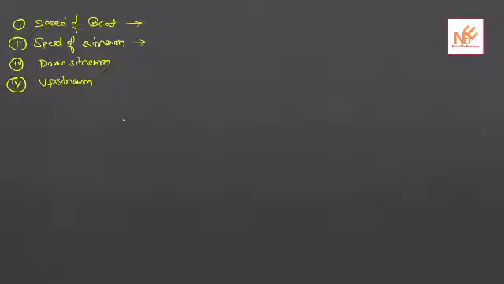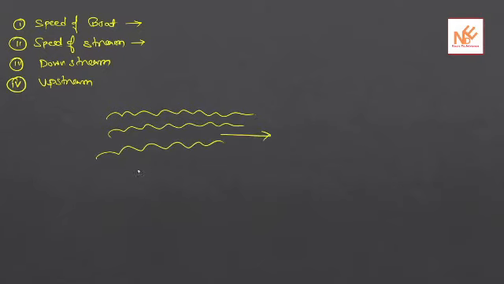Let us consider a river. This is the river water, which is flowing in this direction. So what is the name of that current? Speed of stream. Let us represent the speed of stream, or speed of water, as u.